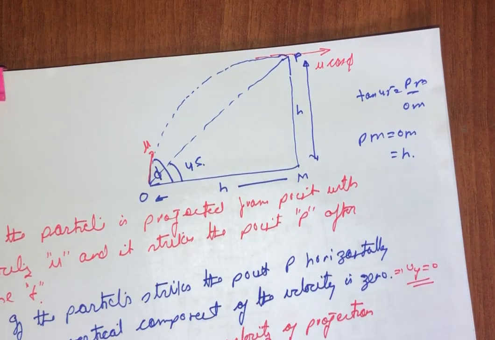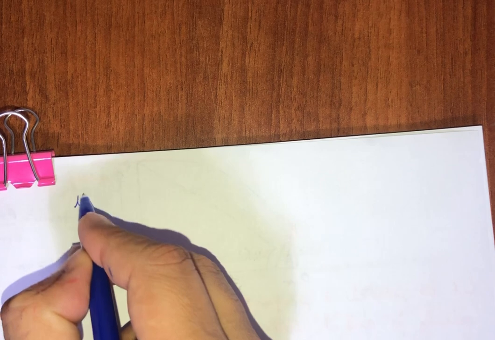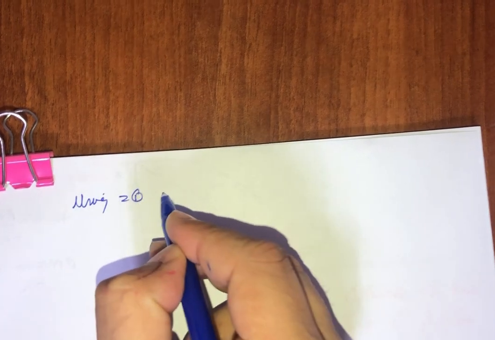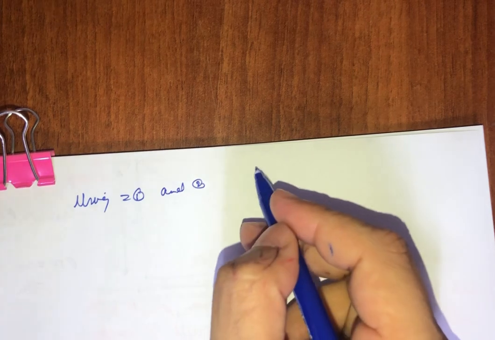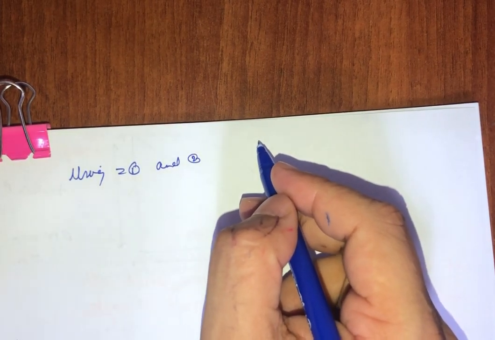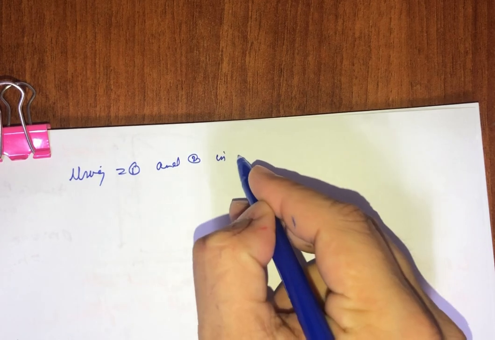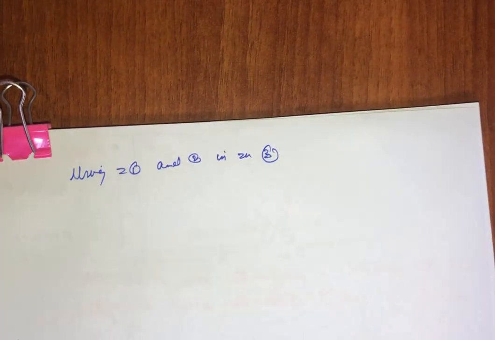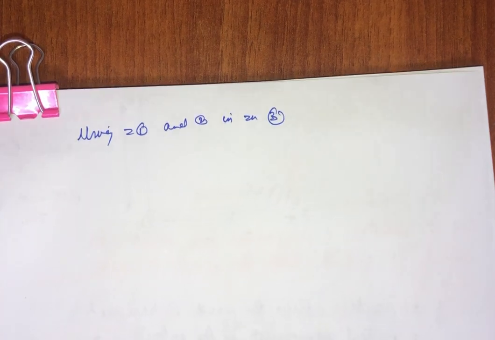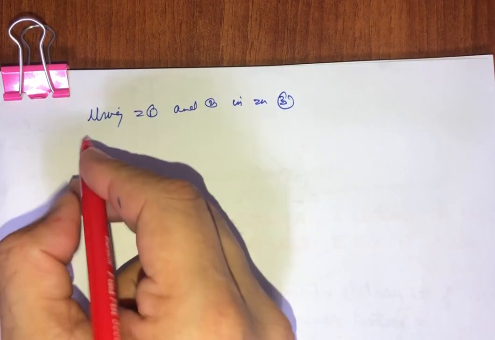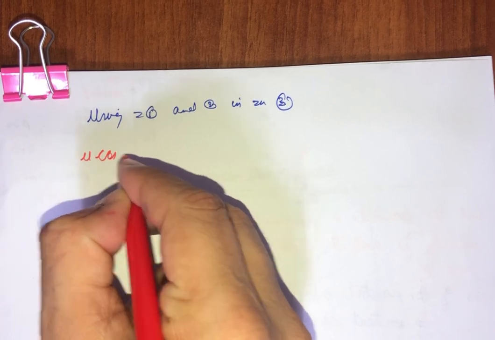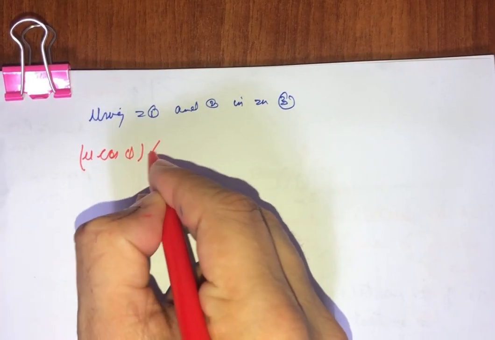Now we can use equation 1 and 2 to solve equation 3. So using equation 1 and equation 2 in equation 3, h we already know is u cos of phi multiplied by t.